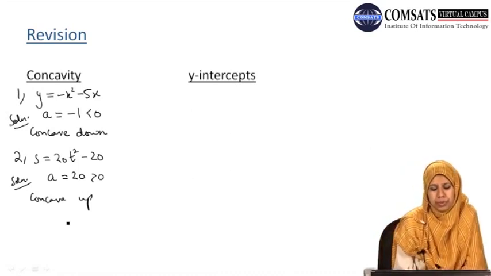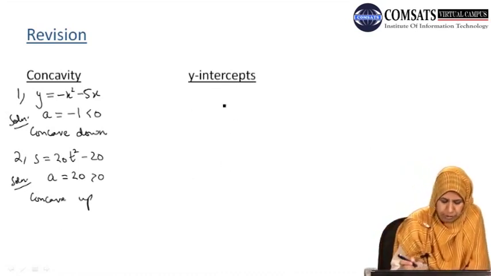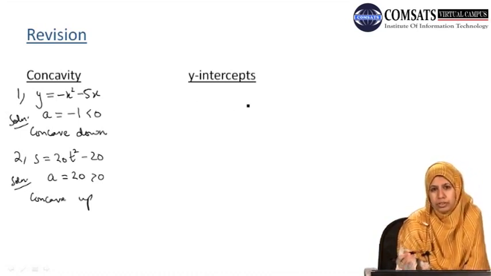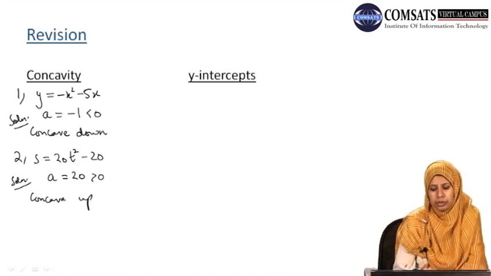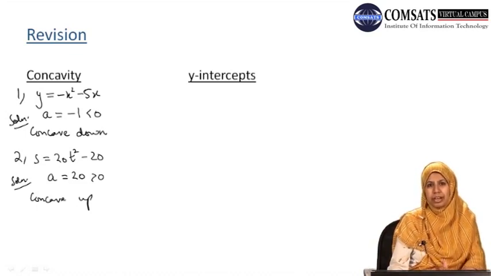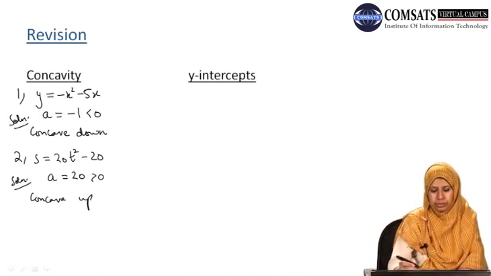Now we come to the y-intercepts. For the first function, to find the y-intercepts, what is the procedure basically? We only have to put x equals to 0 because y-intercepts are the points where the graph intersects the y-axis. Then on the y-axis we know that x is equal to 0.